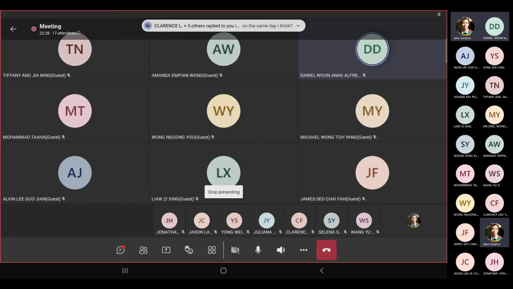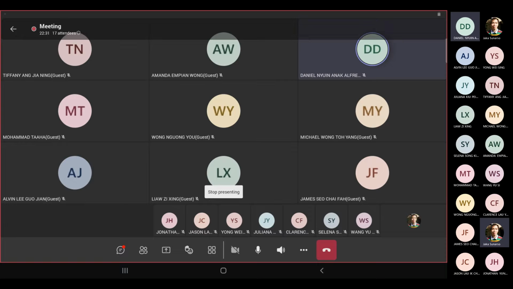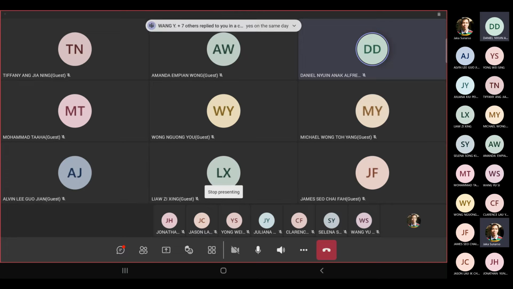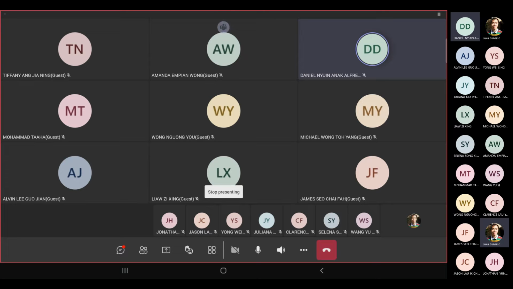Anything that you want to ask? Is it on the same day? Let me check. If it is on the same day, then I think I will move the quiz to the weekend. Does the time clash or not, guys? Not clash. You guys are okay with that, right?